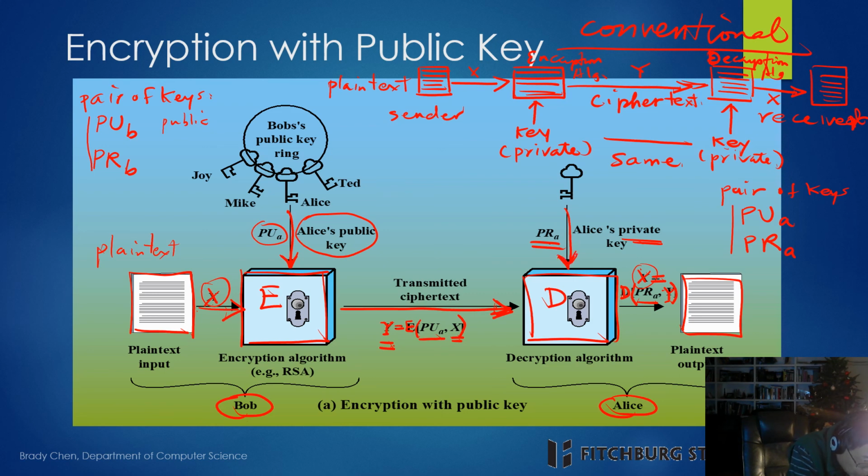If other people don't have Alice's private key, they cannot decrypt Bob's encrypted message. So this basically means that the public key and the private key for Alice are somehow related. Bob used Alice's public key to encrypt the message, and Alice has to use her private key to decrypt the message. Okay, so that's basically the key idea of public key encryption.